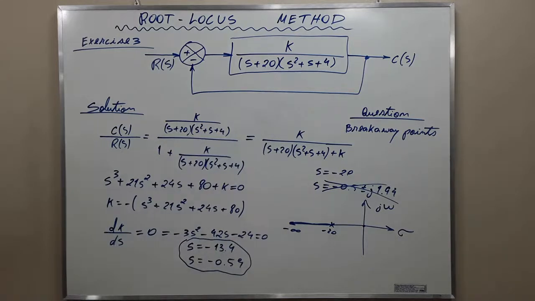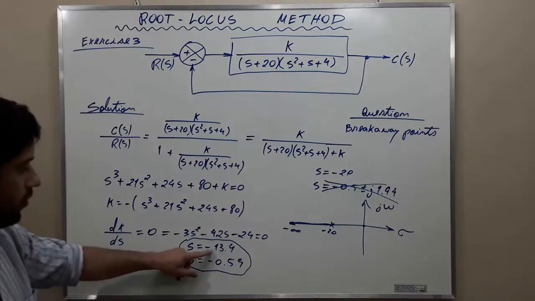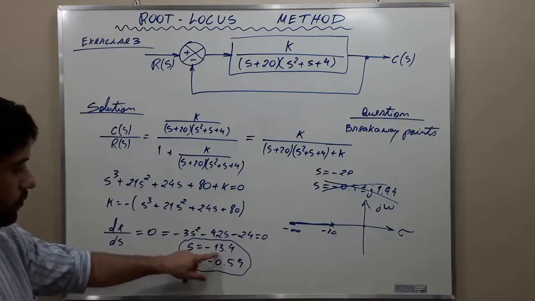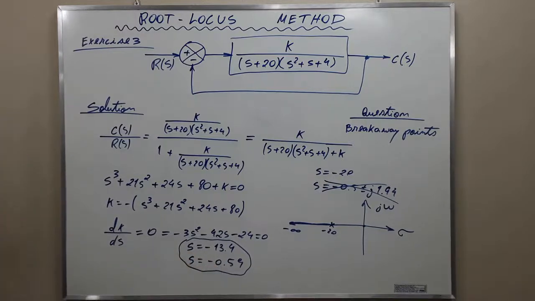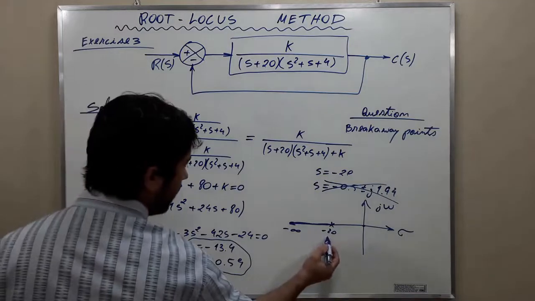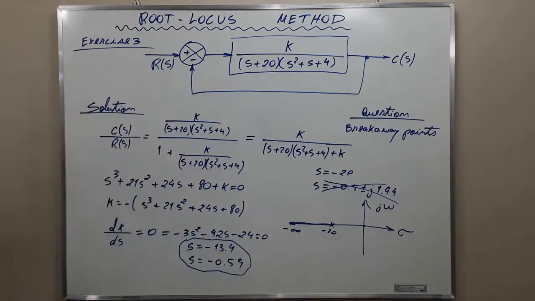Since minus 13.4 and minus 0.59, since these values here do not belong to the portion from minus 20 to minus infinity, we understand that they don't belong to the root locus. They are not, therefore, breakaway points. Okay?